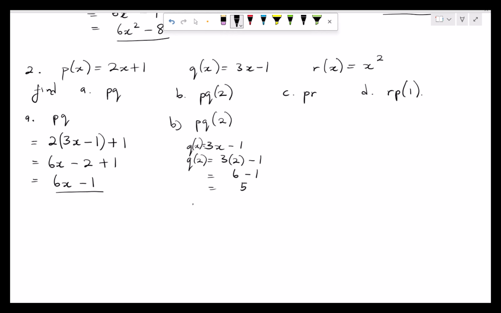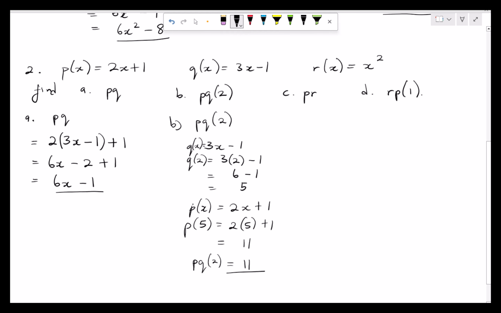Now we're going to take this value that we just got for Q and put it into P. So remember p of x is 2x plus 1. But now we have 5 that we are going to use as the input value. So we have 2 times 5 plus 1. This is 10 plus 1, which gives us 11. The value for PQ of 2 is equal to 11.